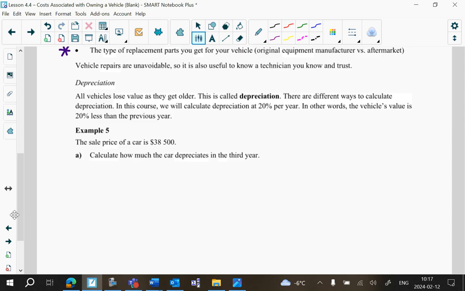Usually, there are some general figures as to how much a vehicle depreciates per year. We're going to use 20% a year. Just keep it simple there. So basically, the vehicle's value is going to be 20% less than it was the previous year.